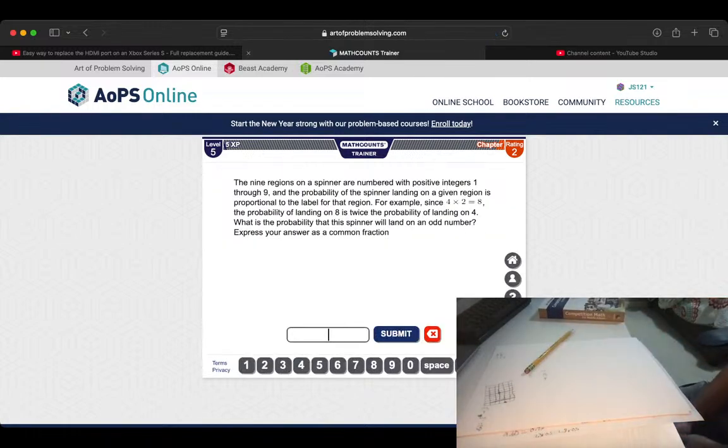The 9 regions on a spinner are numbered with positive integers 1 through 9.